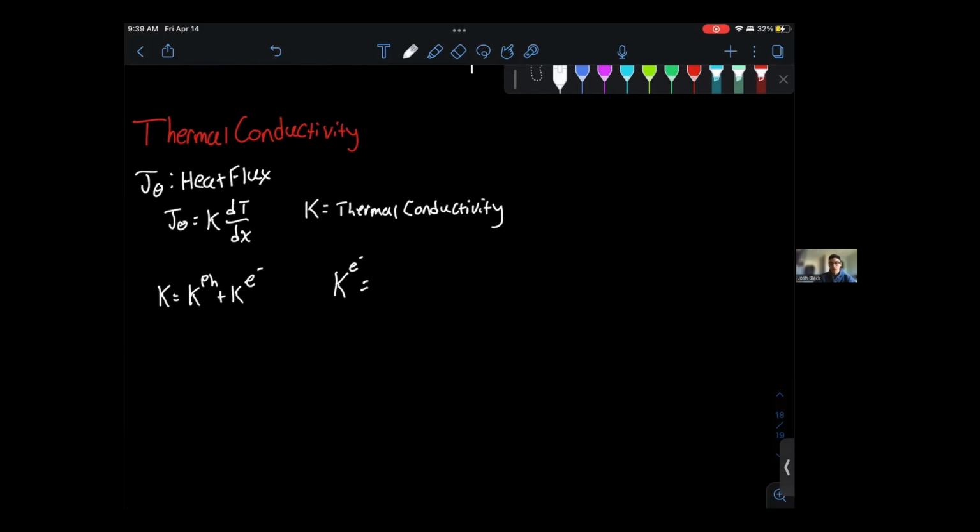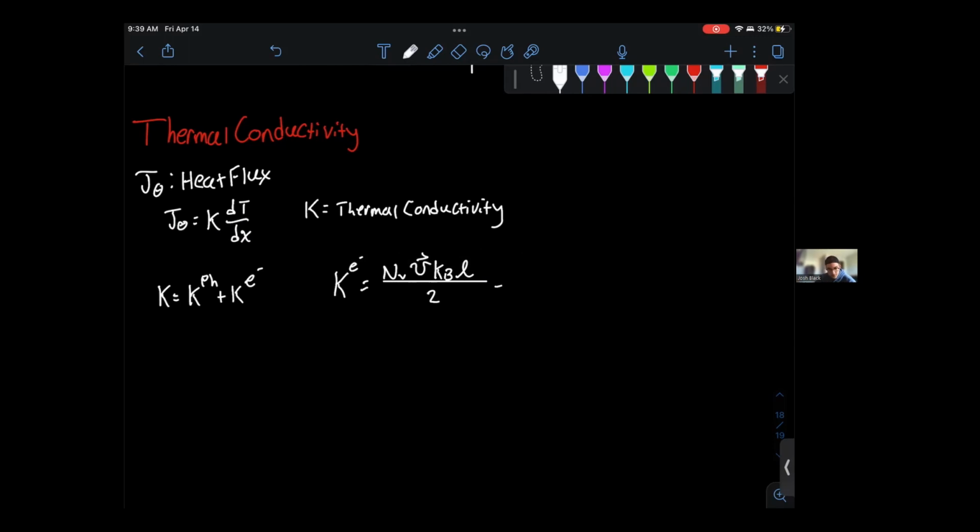Our term with the contribution from electrons includes the number of electrons times our velocity times our constant there, our K constant, that being Boltzmann, times the mean free path of electrons divided by 2.